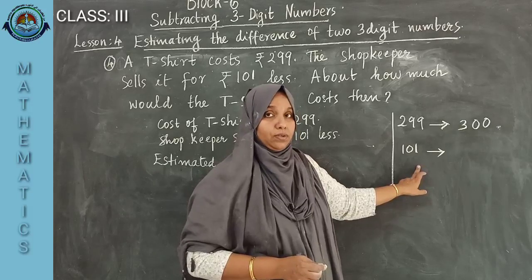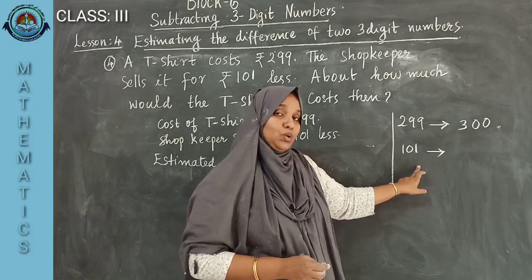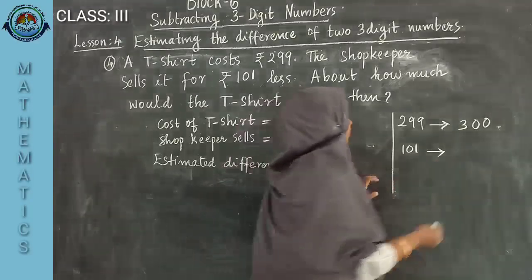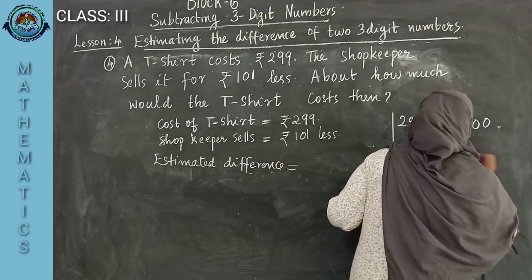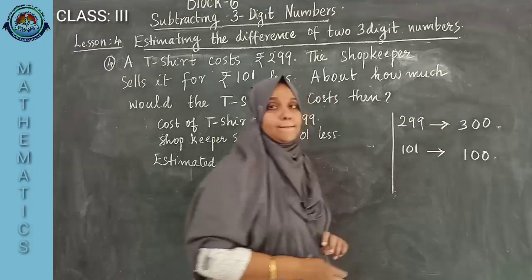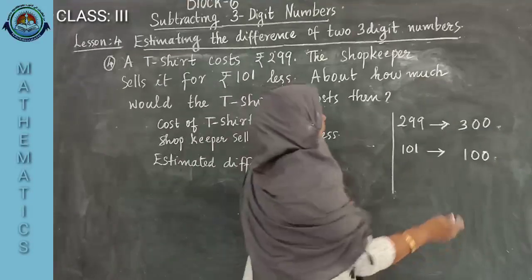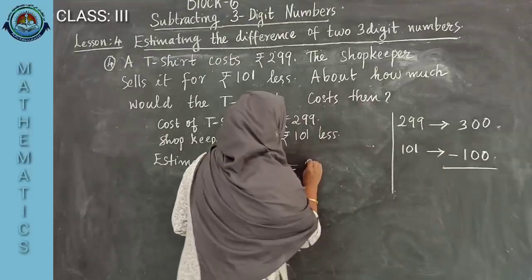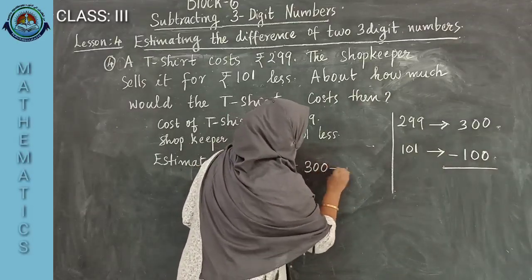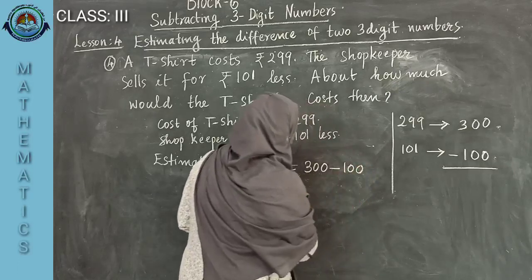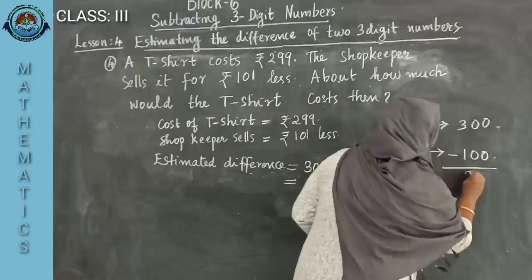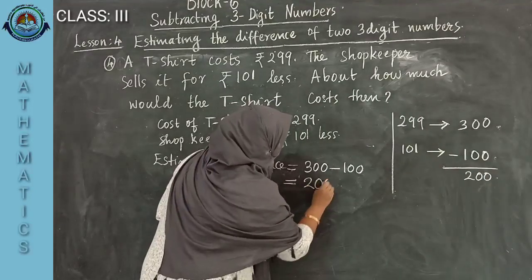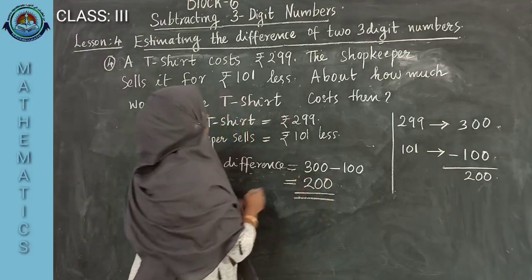Do it yourself, and after that check on the board. We get 100. The estimated difference is 300 minus 100, so we get the answer 200.